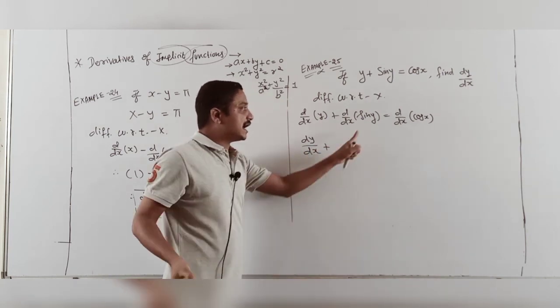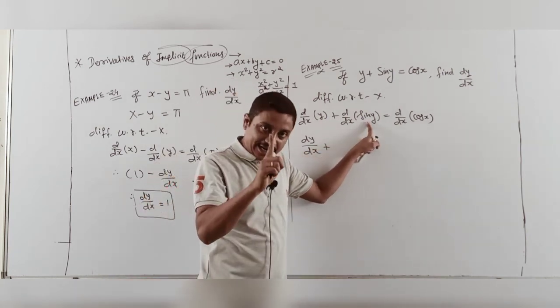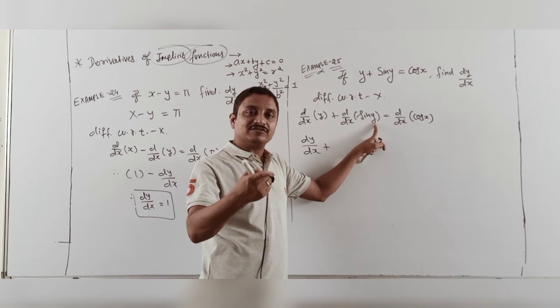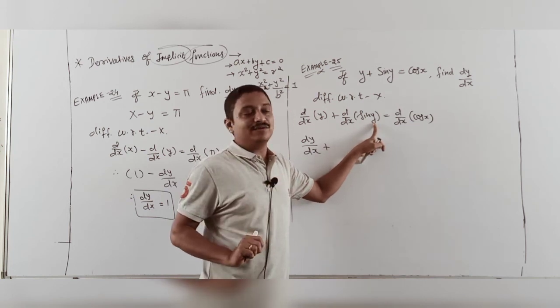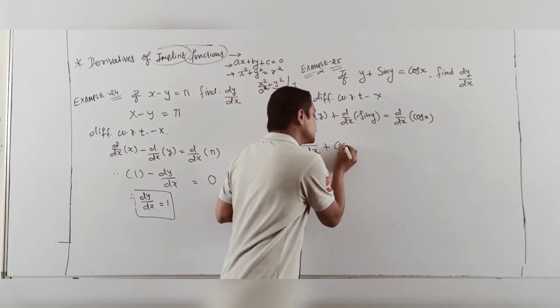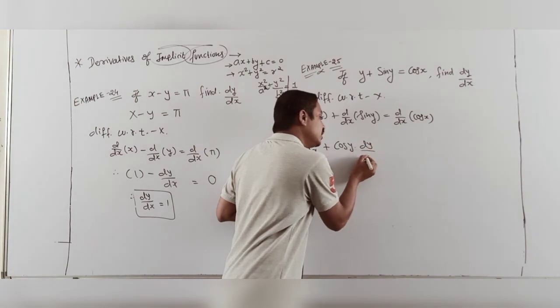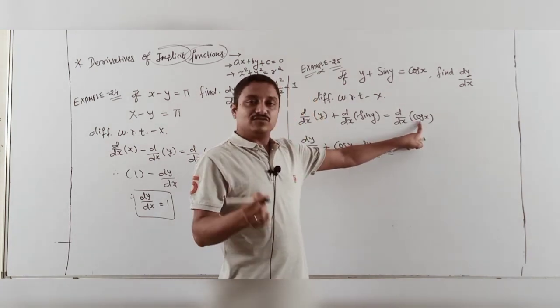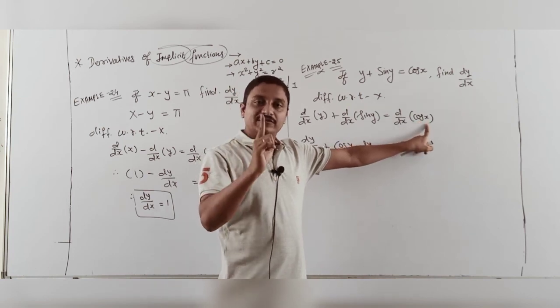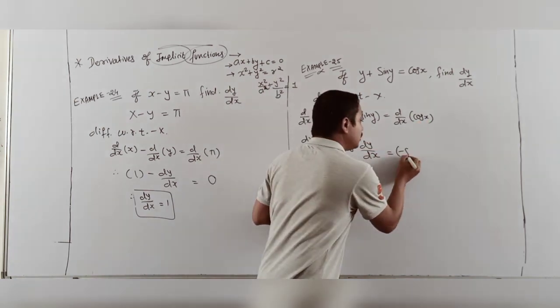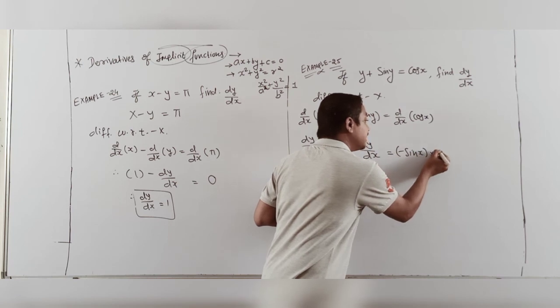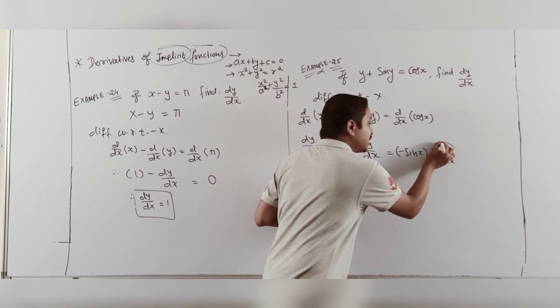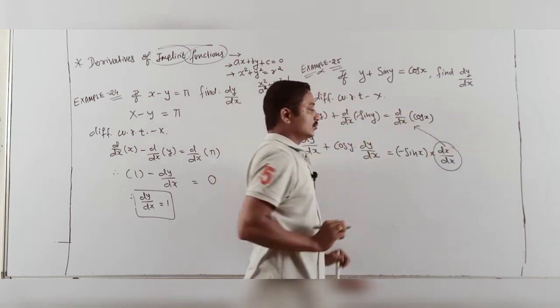Now students, here the sin y derivative: for the sin derivative, after that the y derivative with respect to x. So cos y, and the y derivative is what? dy by dx. Check the rule. Same here: first the cos derivative, after that the x derivative. The cos derivative is minus sin x, and the x derivative with respect to x is pending.